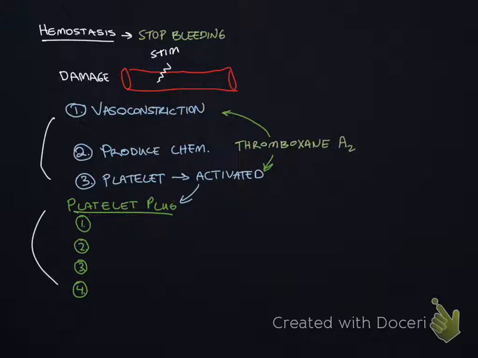That's an eicosanoid. It's sort of a positive feedback mechanism here. Thromboxane A2 is produced, not really from the vasoconstriction, I'm sorry. It's actually from the stimulus itself, from the damaged blood vessel. That also causes platelets to become activated. Okay, and that in turn causes more thromboxane to be produced, causing more vasoconstriction.